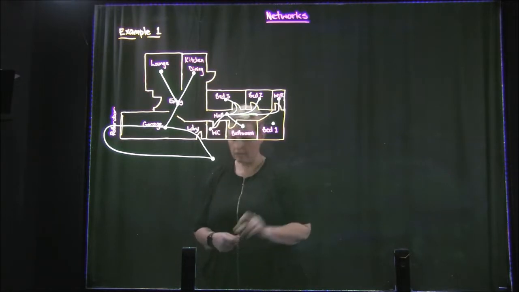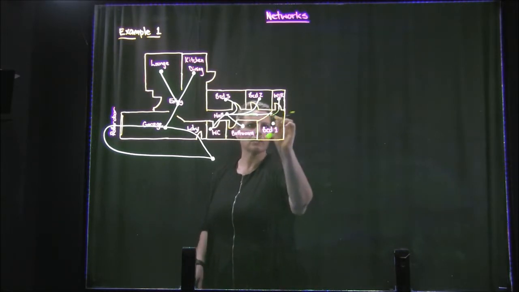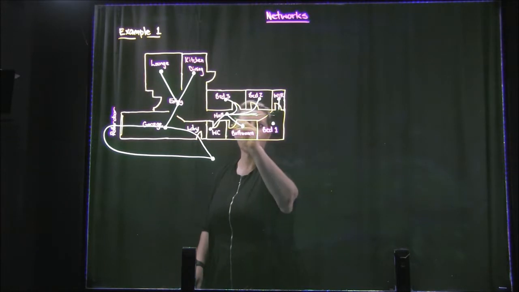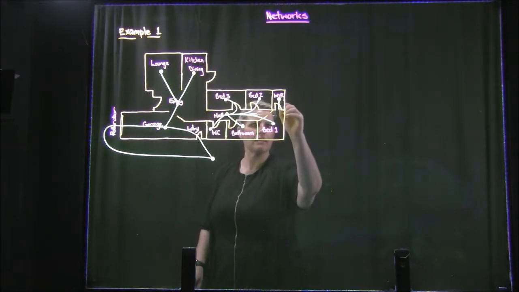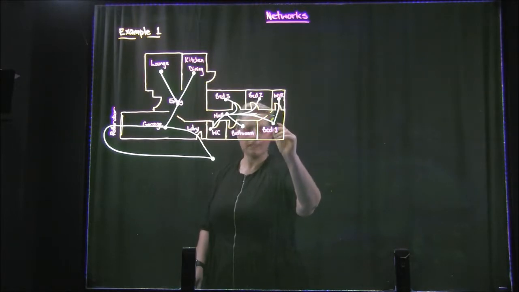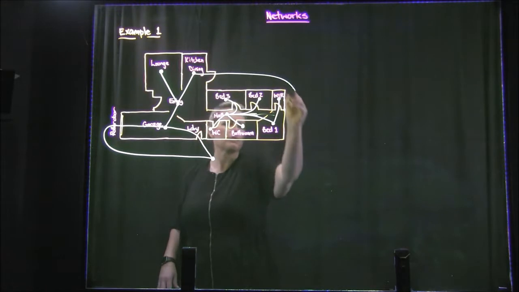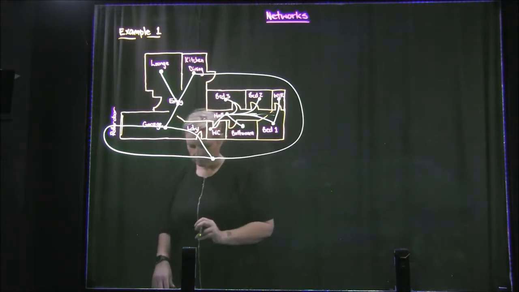Oh, no, that is correct. But this one doesn't actually go through like that. I went a bit crazy there. This connects to the bed, because that's a great big door, and then this one connects to bed 1 through there. And we have this one coming around to the outside.